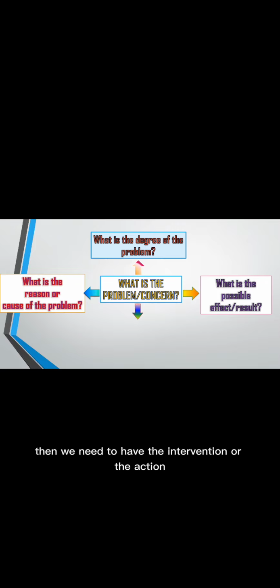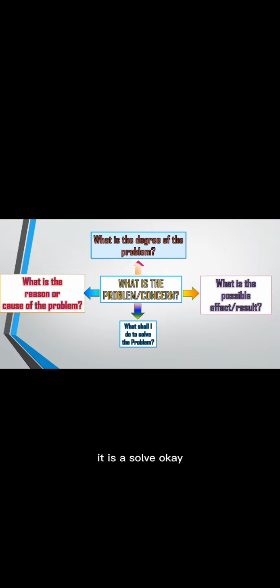Then, we need to have the intervention or the action, or how I can solve this. Or it might be, what is now the vitality of my study to this particular problem? How does this study bridge the gap in this educational scenario in the new normal education?